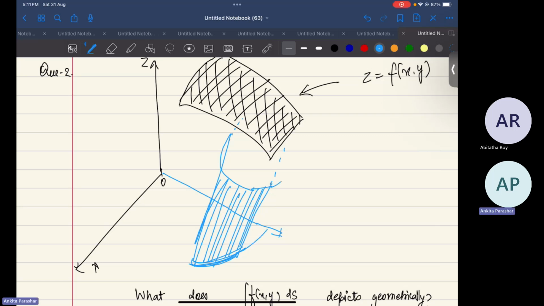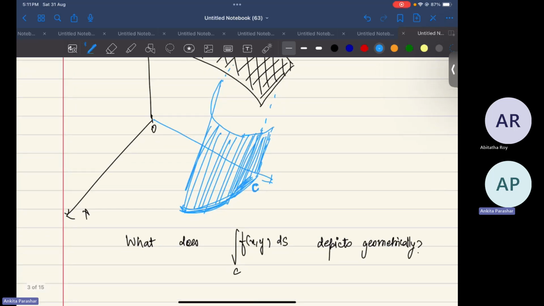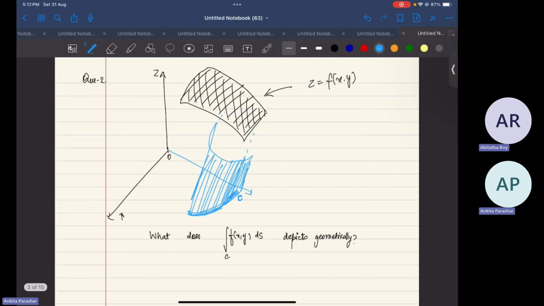Just a moment. What do we say about this integral of f(x,y) ds? Does it mean anything geometrically? This is the representation of the line integral: we will be summing up the values along the curve represented by the function f(x,y) in the given domain.